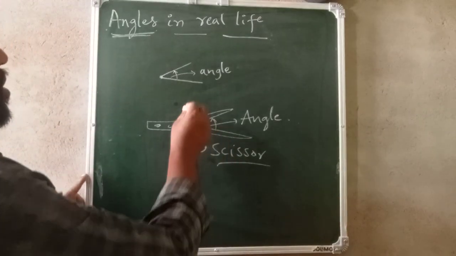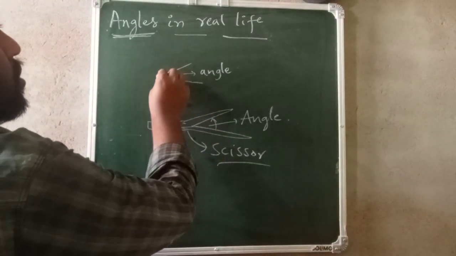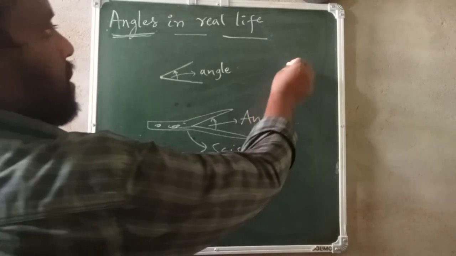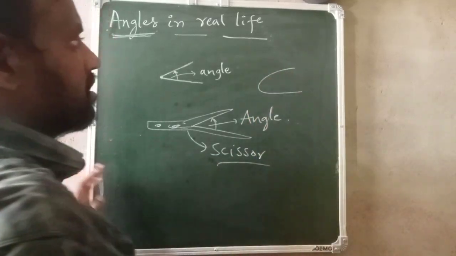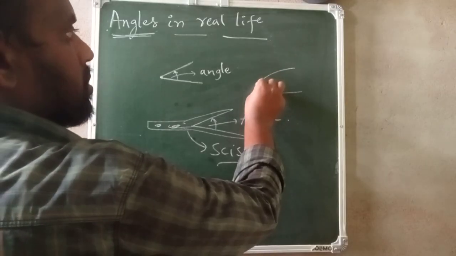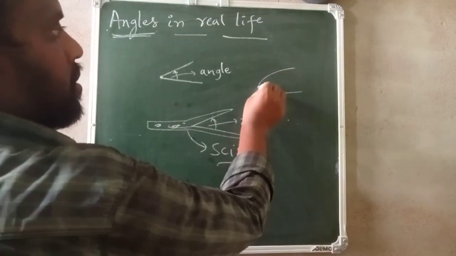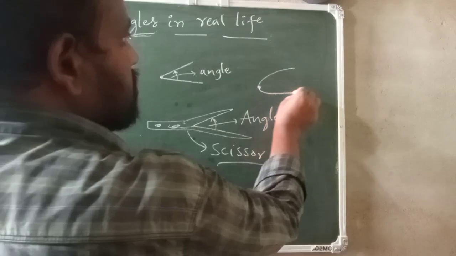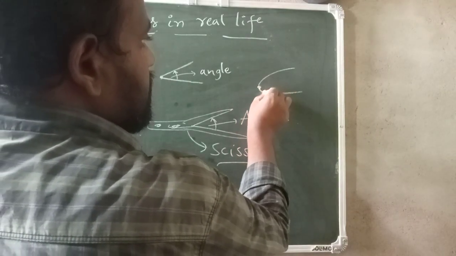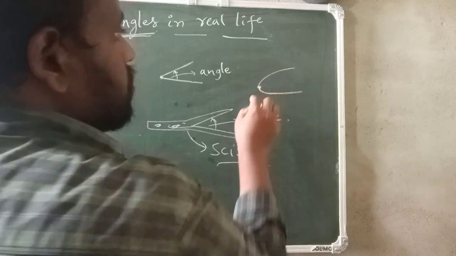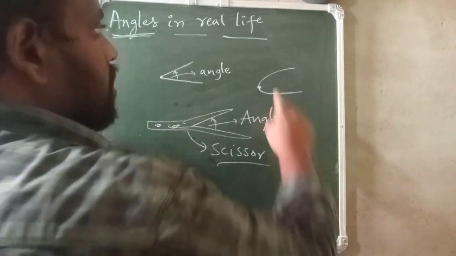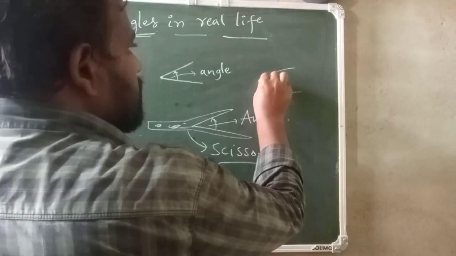Always remember, this and this should be straight line only. For example, if I draw a curve like this, see, this is not straight line, there is a bend here, correct? Because of the bend, it is not straight line, it is a curve. Even this, see, bending is there.